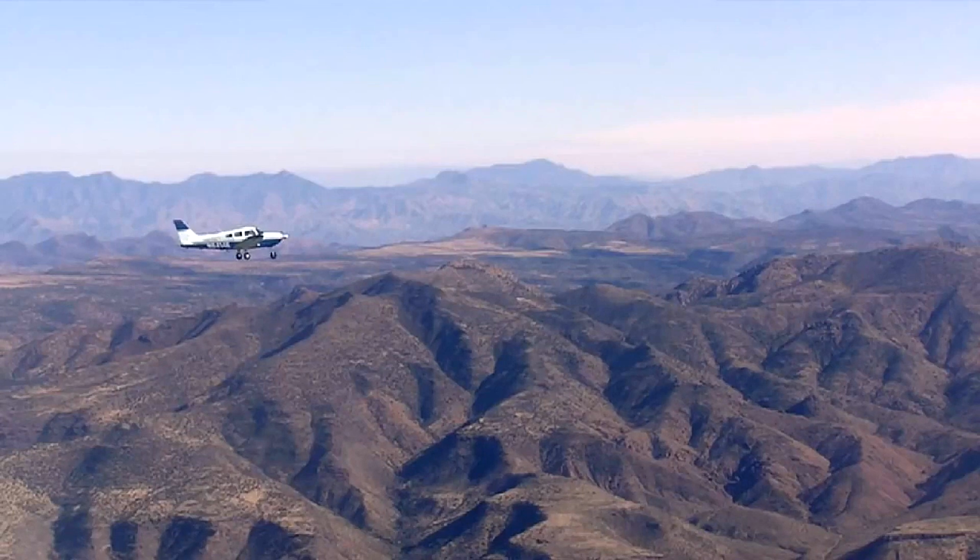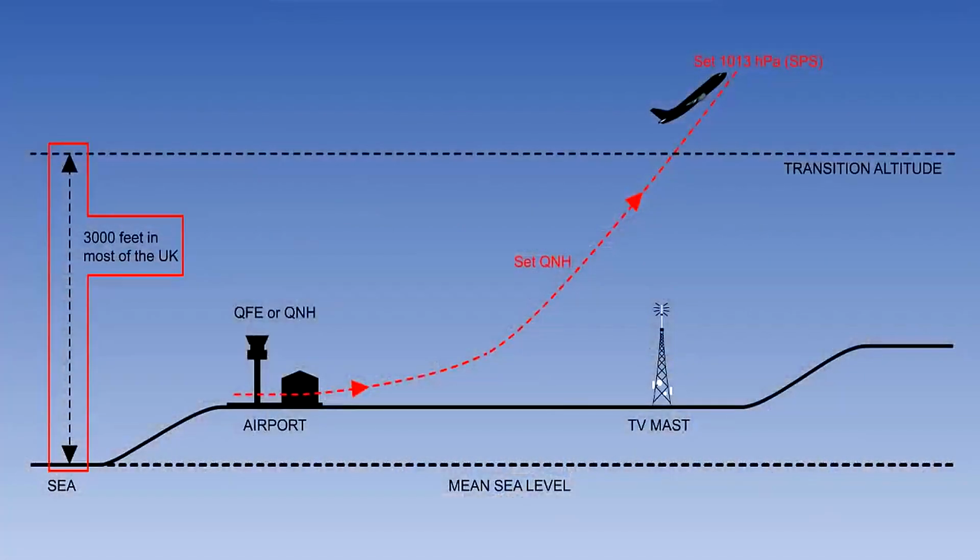However, other countries use different figures. In the United States, for instance, transition altitude is 18,000 feet. It makes sense for the US to use such a high figure. In general, it is a good idea to be on QNH.